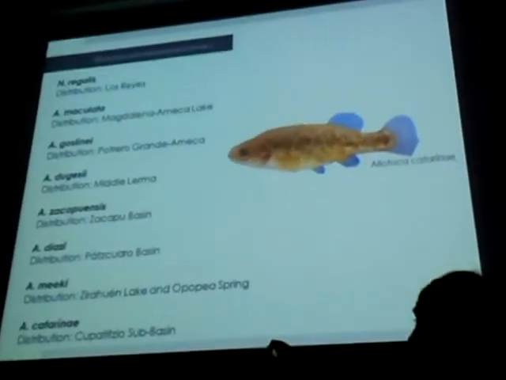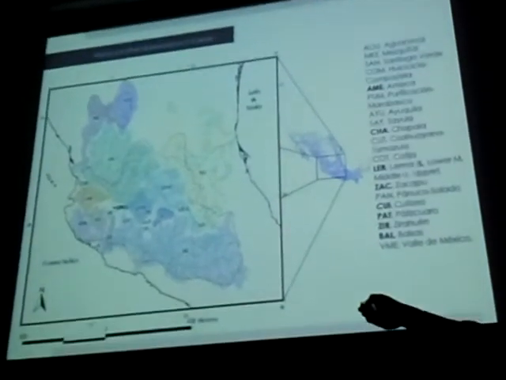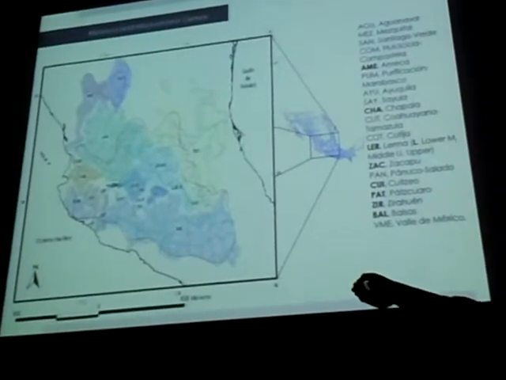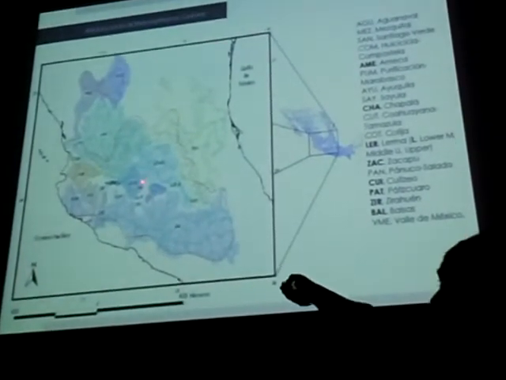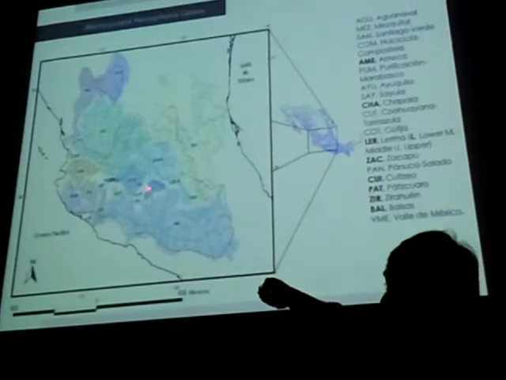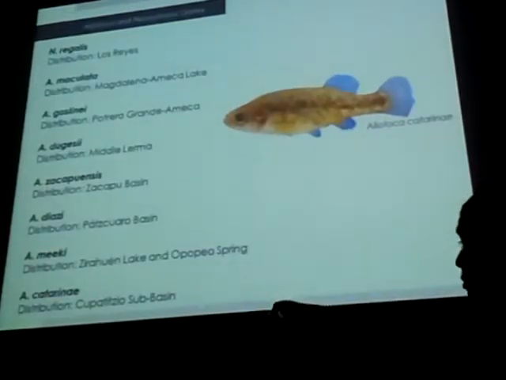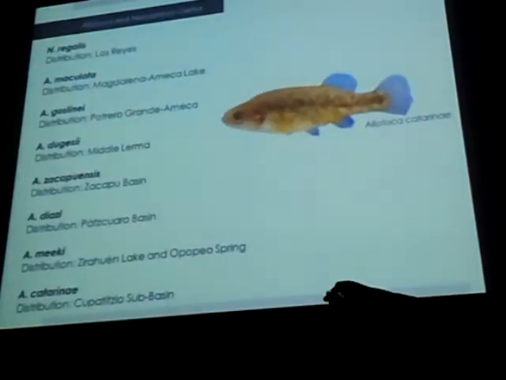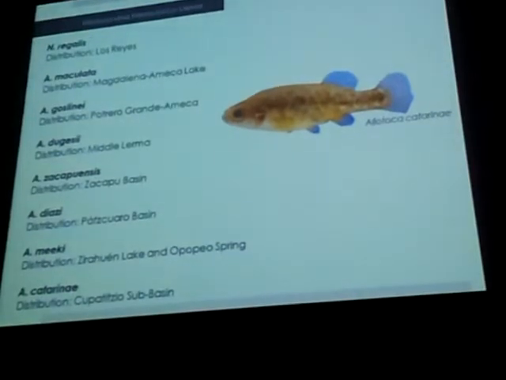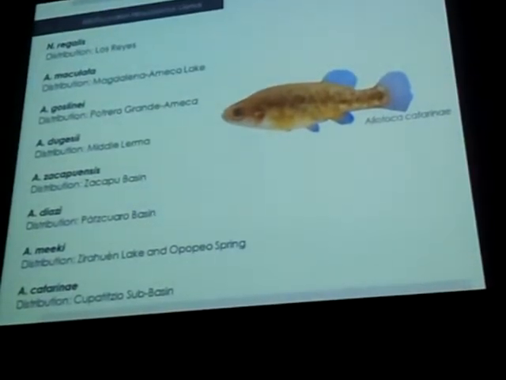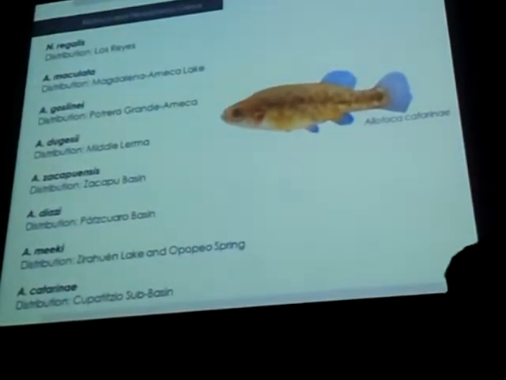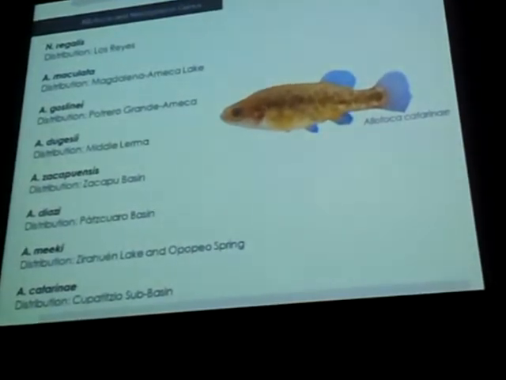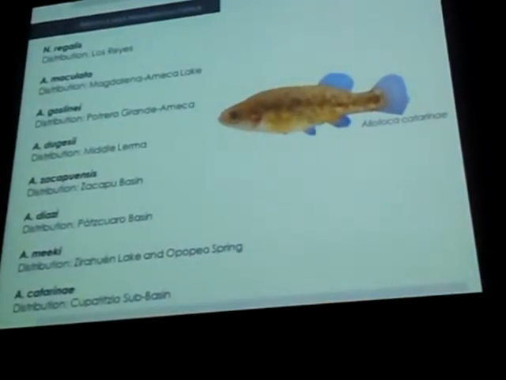Allotoca zacapuensis is distributed just in the Zacapu Basin, and Allotoca diazi just in Pátzcuaro Lake and the Pátzcuaro Basin and tributaries of Pátzcuaro Lake, but actually just in the Chapultepec Spring.